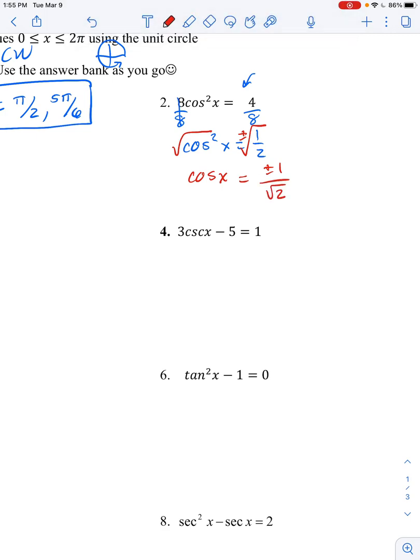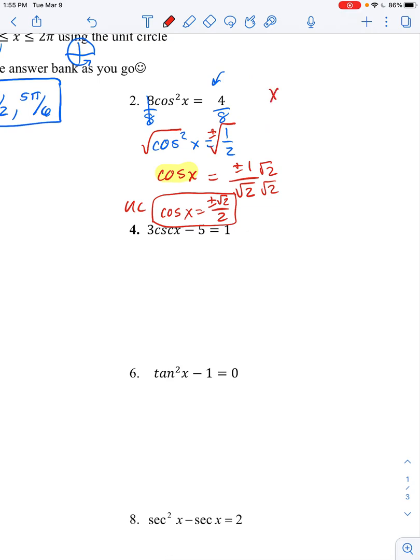This is done. I have cosine alone, but I can't leave this with the radical on the bottom since I'm not flipping it over. And so I end up with cosine x equals plus or minus root 2 over 2. This is what I'm going to find on the unit circle. But this one is a cosine, so it's looking for the x coordinate, and it can be either positive or negative.